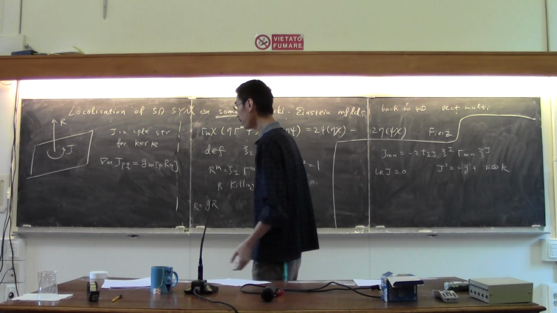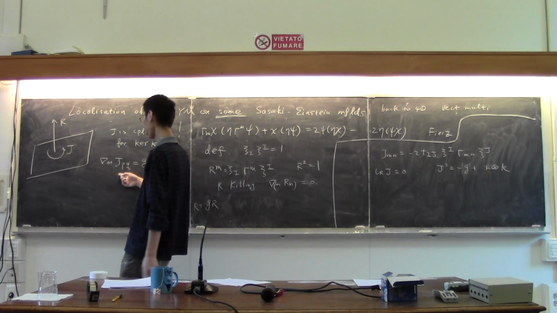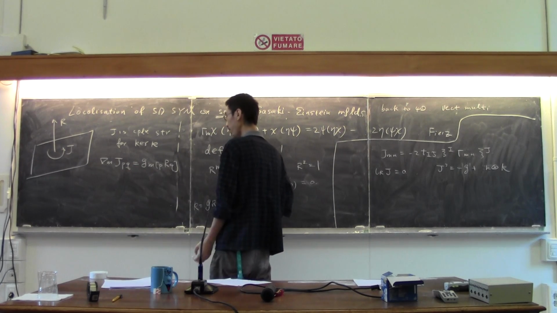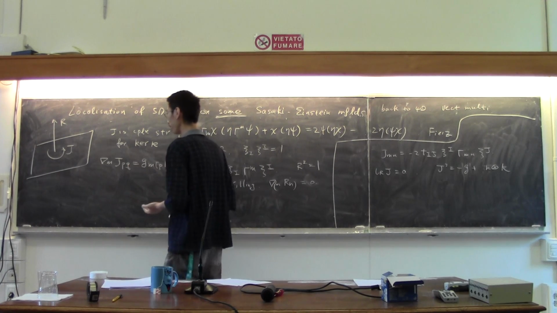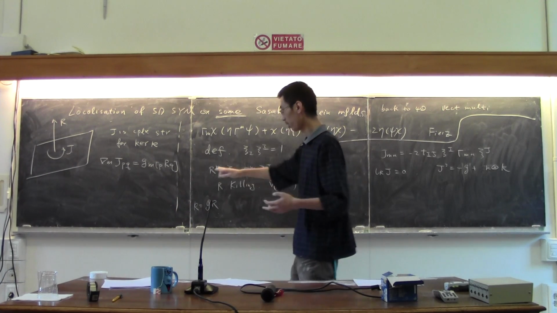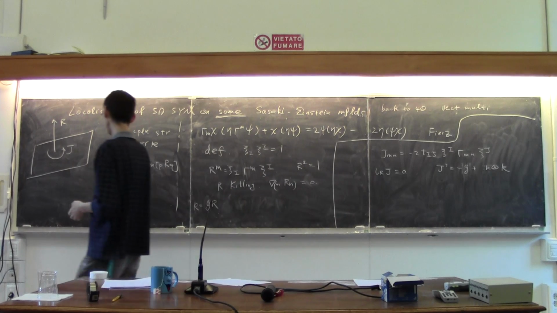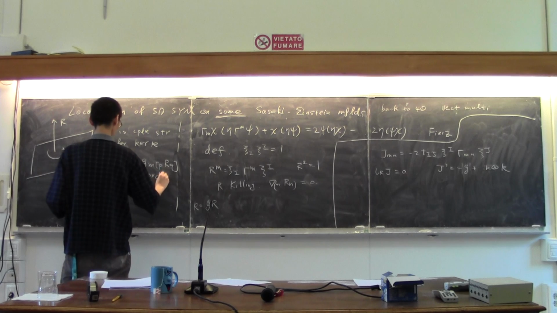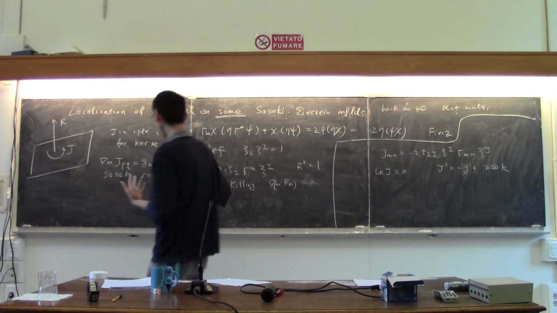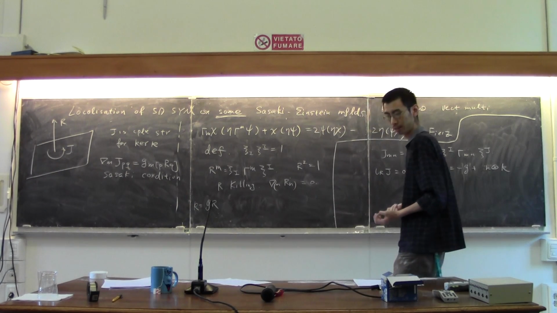So it tells you how this complex structure reacts to the Levi-Civita connection. It's given by this. So this doesn't seem to tell us much, but in fact, this condition is what's known as the Sasaki condition. So let me try to tell you how to read this condition.